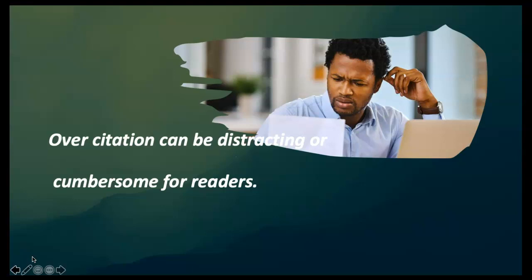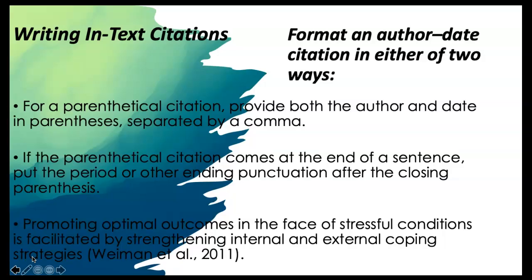So what is coming from you? Nothing. That's not what you do. You have to have your ideas supported with outside information from the sources which are reliable. So that is what is called oversitation. Don't write 8 sentences with 7 citations. That is not a good thing to do.